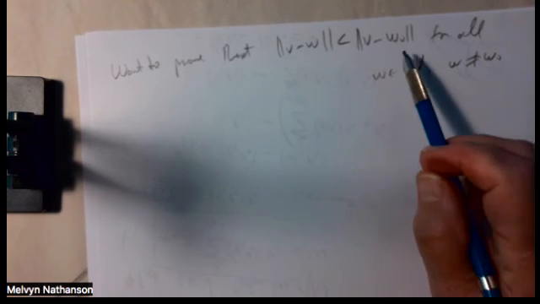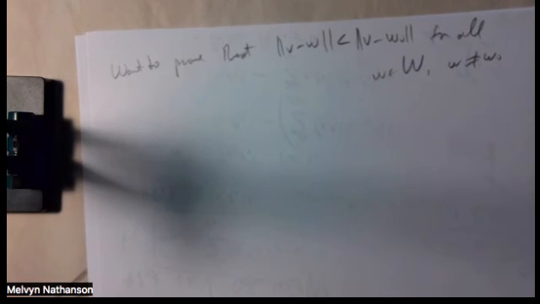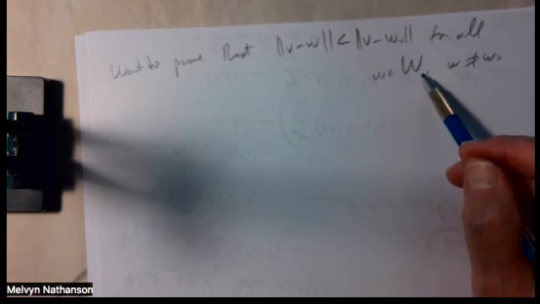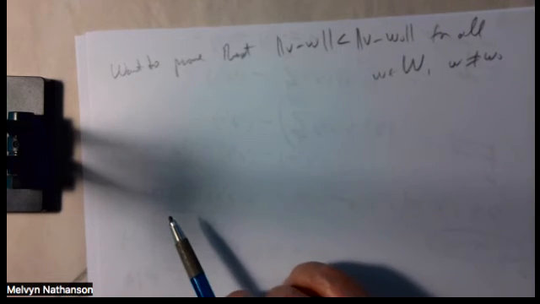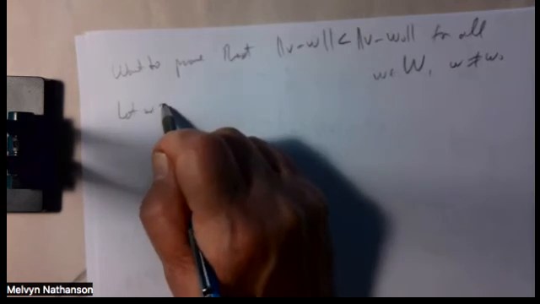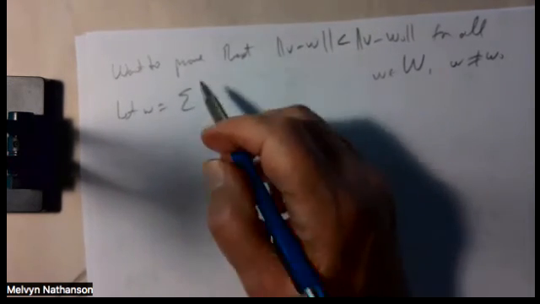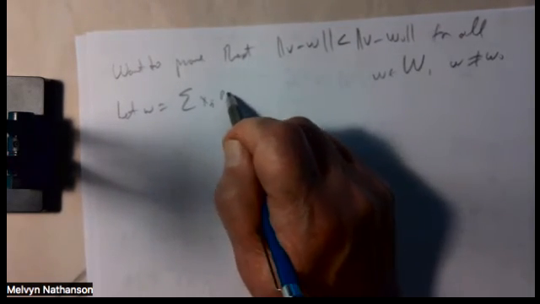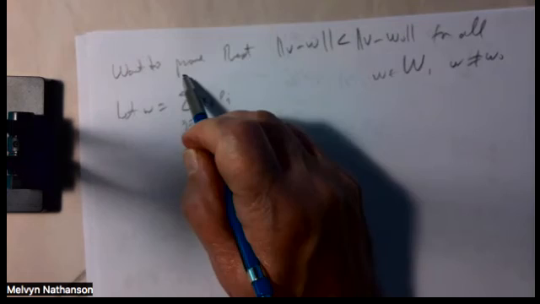That is, that this vector W0, of all the vectors in the subspace W, is the one closest to V. So I can write W as some linear combination of the basis vectors, the sum of xj ej, j goes from 1 up to k.